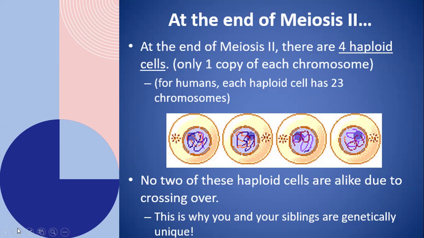That is our meiosis. So why then is meiosis important? Meiosis is important for the formation of gametes, and it's also important for genetic variation. So let me talk about formation of gametes.